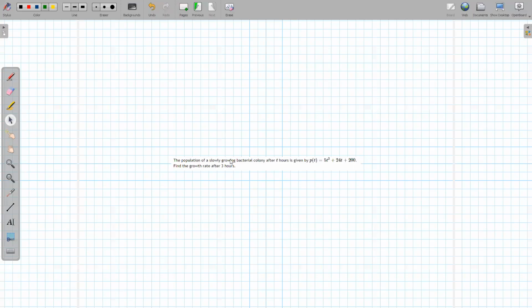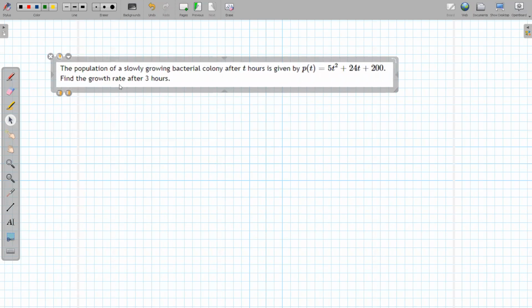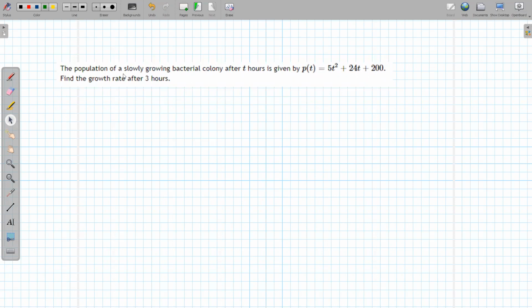Okay, so again, we're asked for the growth rate here, and we're given the population function here, where P is the population of the bacteria colony over t hours. So the growth rate then would be the change in population over change in time. And so that means take the derivative of that function right there.